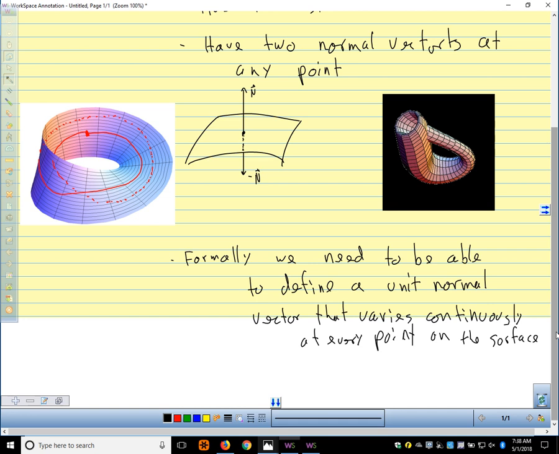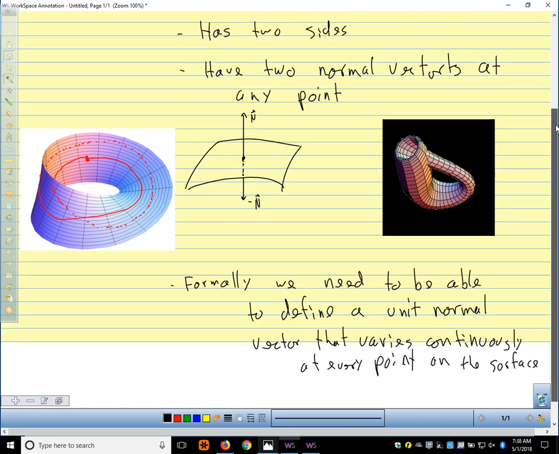The way we'll think about it is our surface has two sides. We need to be able to talk about an upward unit normal vector and a downward unit normal vector. So are we good here?